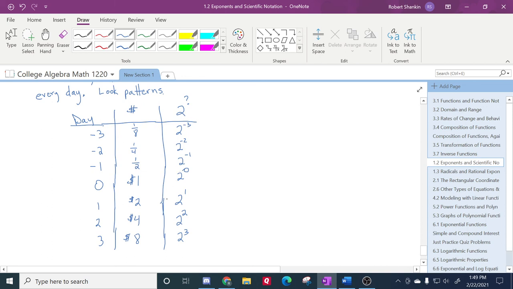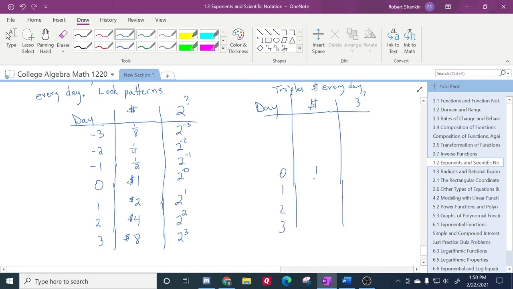Like this. And this would have worked had I been tripling the money. Say it triples money every day. Or doubling it. Dollars and then 3 to a power. So 0, 1, 2, 3.